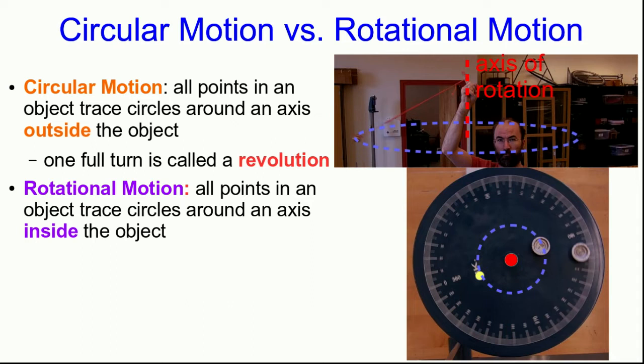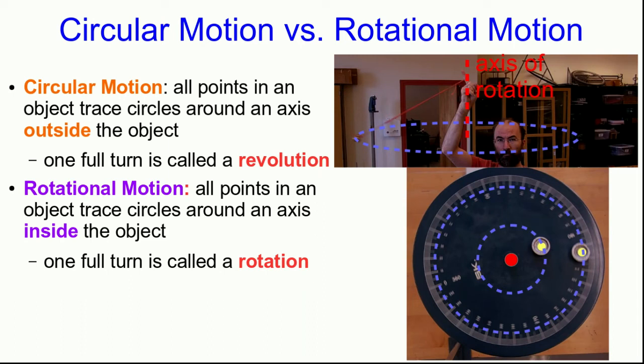So this is rotational motion. And in this case, we call a full turn of the object a rotation. Now I will point out that this rotating object has two other objects sitting on it, these two masses, and they're also going in circles. And so since the axis of rotation isn't inside them, they are executing circular motion.